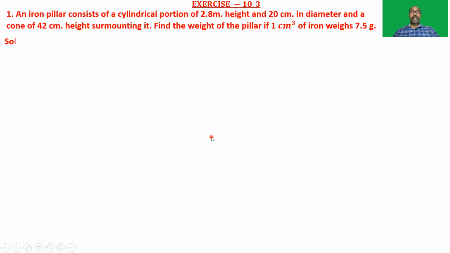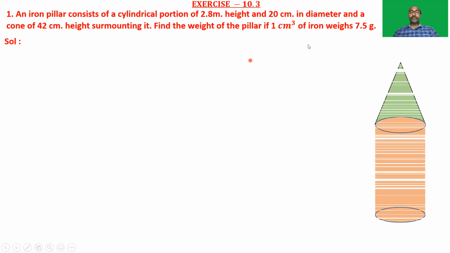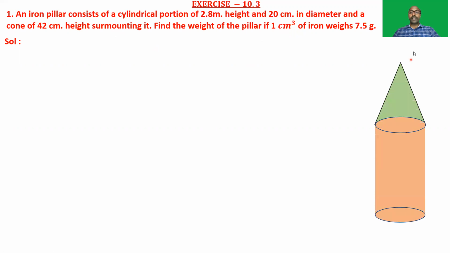So here an iron pillar is the combination of a cylinder and a cone. Okay, so like this.